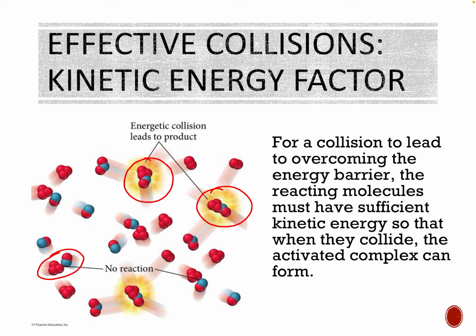Look, they're just kind of bumping into each other. They're not very excited. They don't have very much energy and they just kind of leave. Okay, so we need to have effective collisions, really energetic collisions. And again, they need to have enough energy to meet that minimum activation energy. And then when they do collide with enough energy, they can cause the formation of this activated complex. And we'll look at that in just a minute.